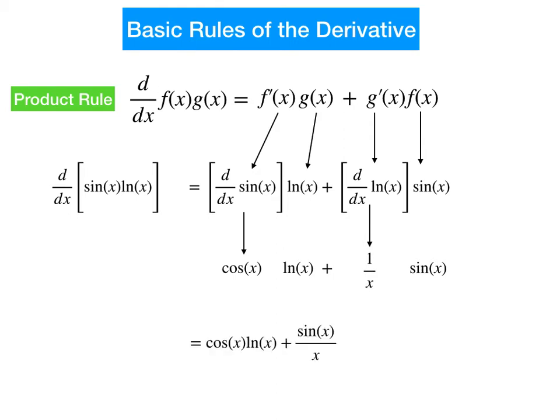Combining everything together, we can conclude that the derivative of sine of x times natural log of x equals cosine of x times natural log of x plus sine of x divided by x.